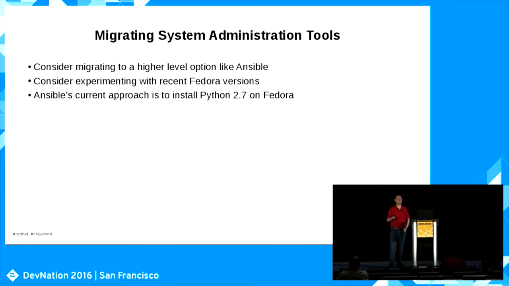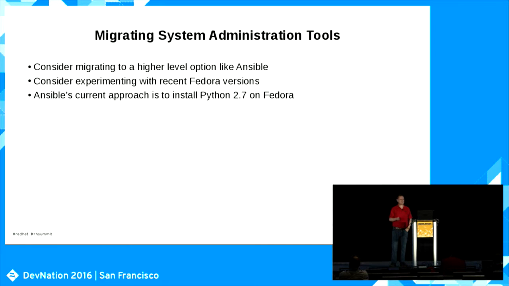We could potentially experiment with recent Fedora versions and see whether what you're doing still works with Python 3 as the system Python. But to be honest, Ansible's own current approach is that they just bootstrap Python 2.7 on Fedora and bring Python 2.7, and so Ansible itself still runs in Python 2.7, even with the system Python being Python 3 on Fedora.